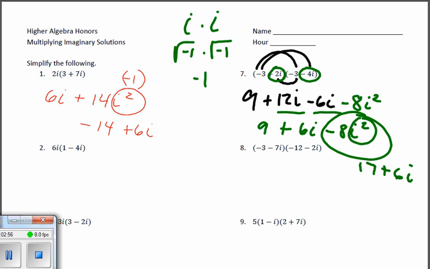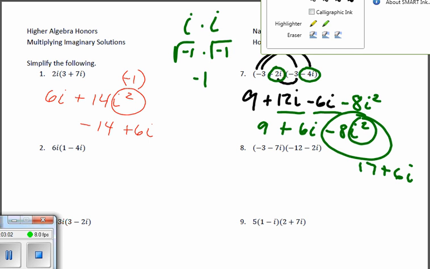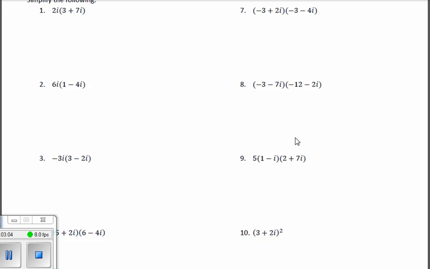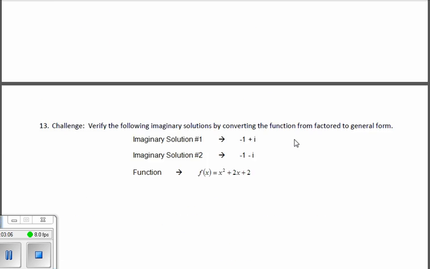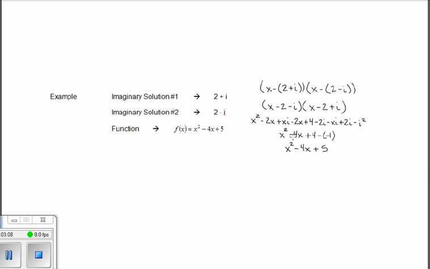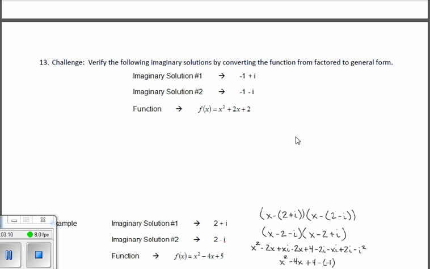I'm going to double check the bottom of the worksheet just to make sure there isn't something sneaky thrown in at the end that you guys would need to know about. And nope, all this is, like on number 13, the challenge question. I really don't want to do the challenge question, take away all the challenge.